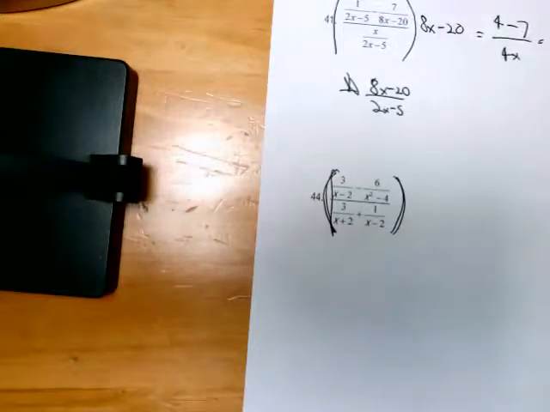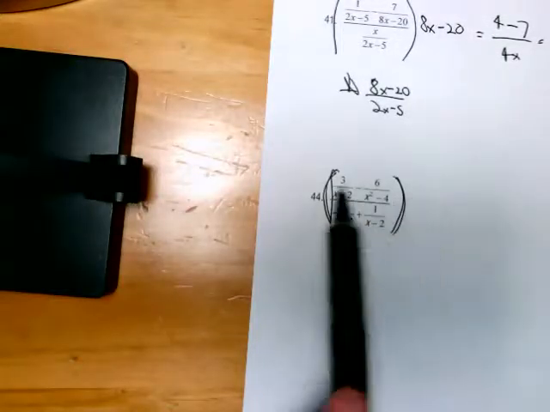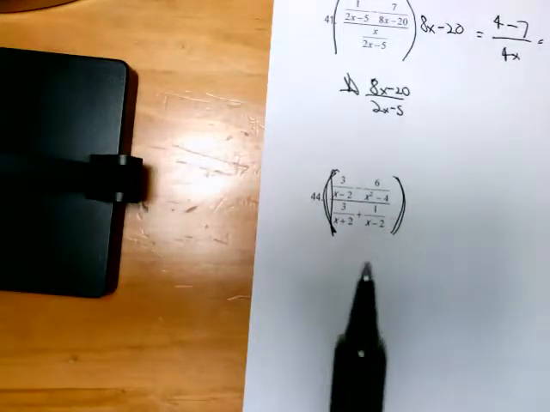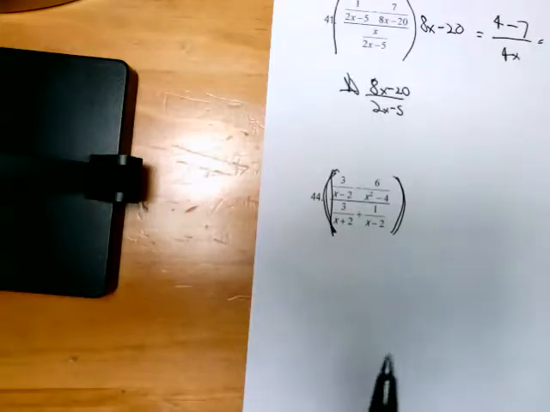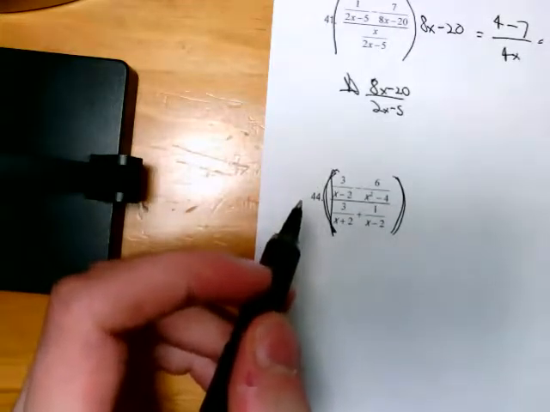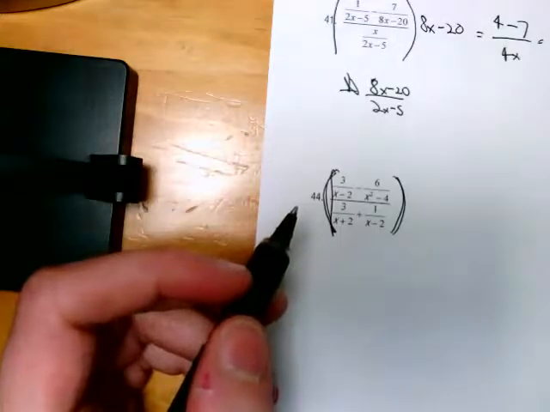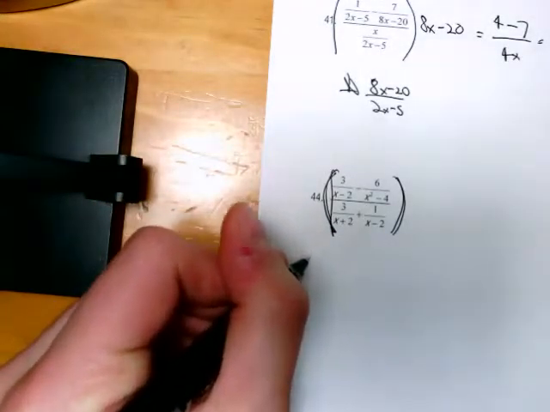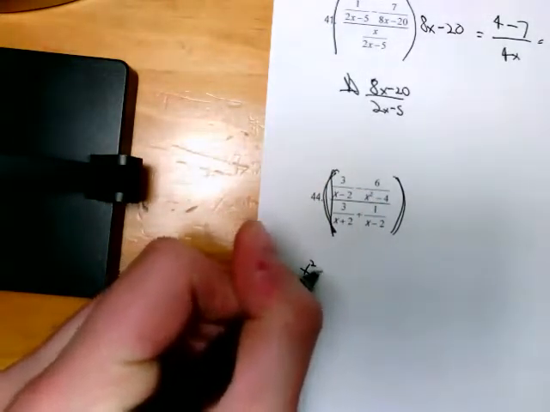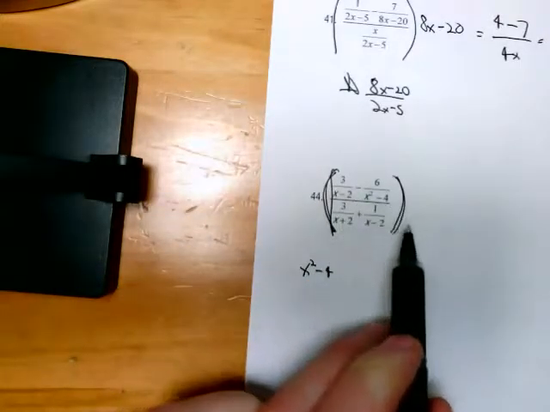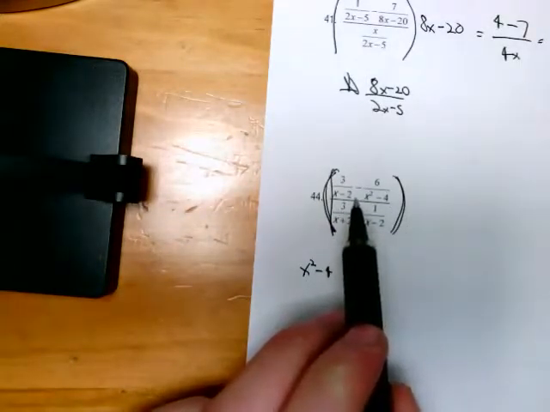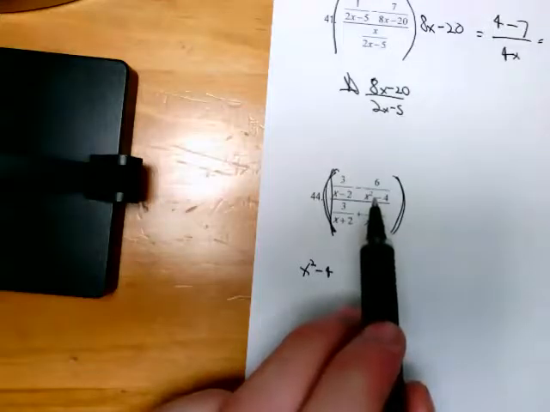So you find the least common denominator out of these four fractions, and that's how you would simplify it. What I'm finding here is that the least common denominator is x squared minus 4, because all of these denominators go into x squared minus 4.